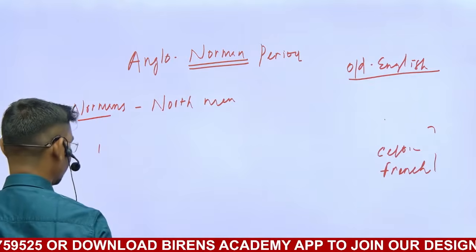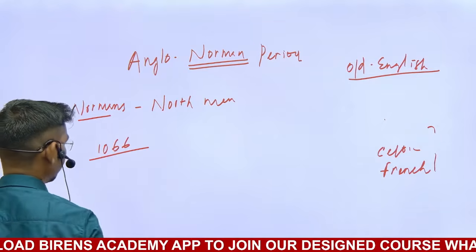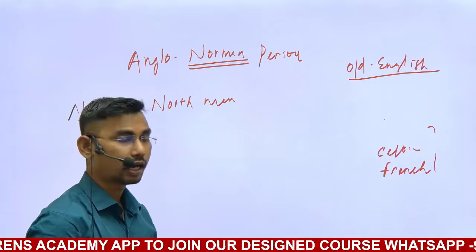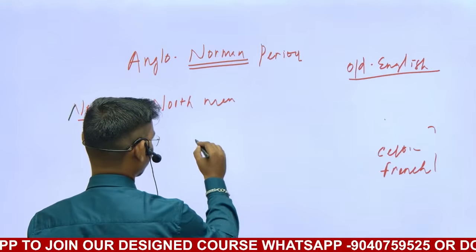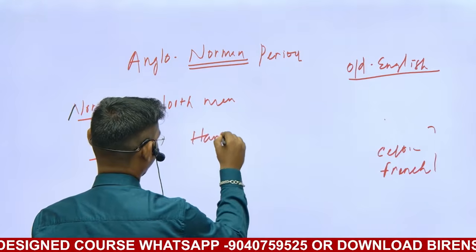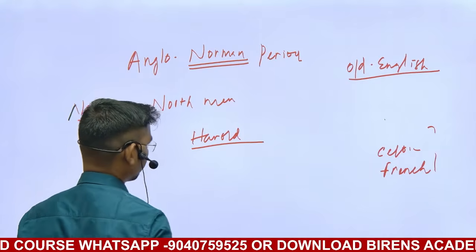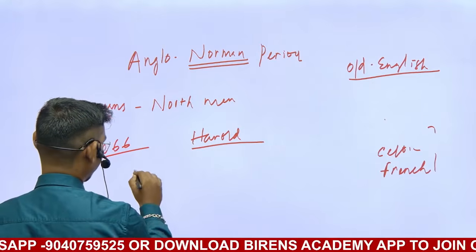Okay, so Normans came to the land in the year 1066. Okay, how? At that time, Harold was the king of the land. Okay, and Normans were led by William the Bastard.